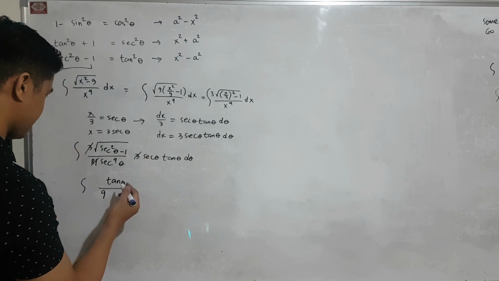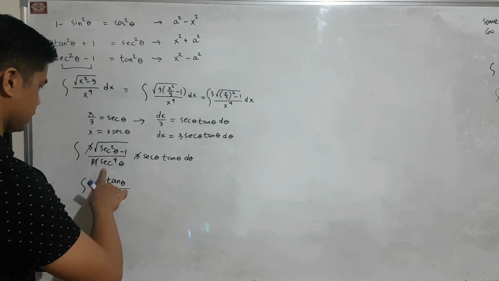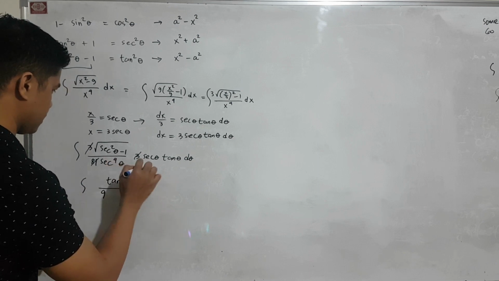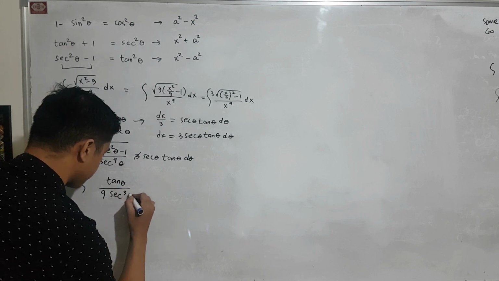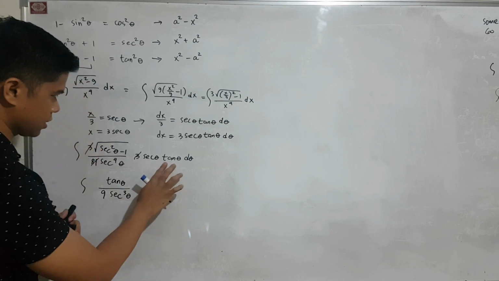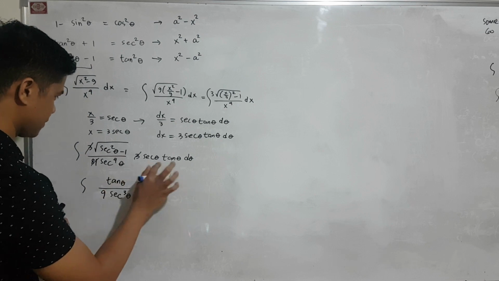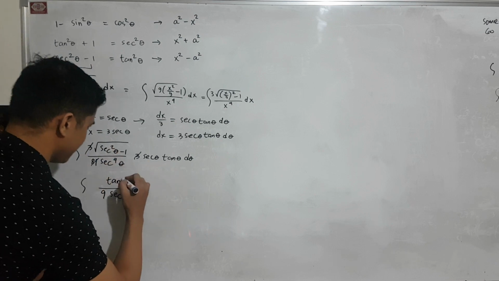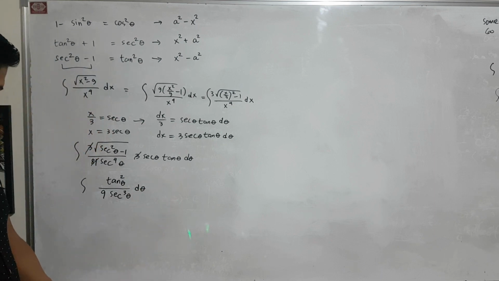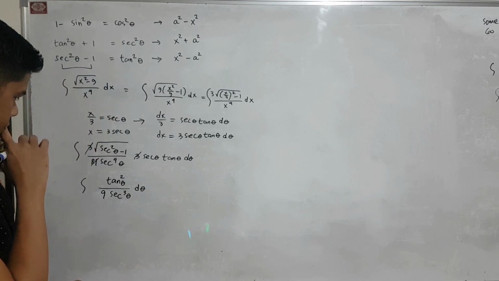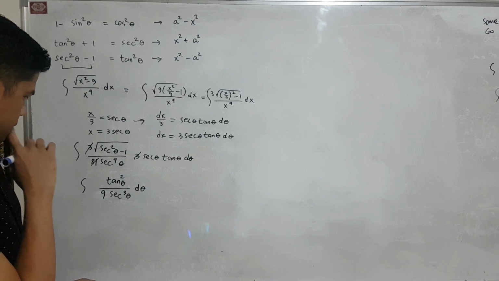The secant to the 4th power cancels out with the secant on the top, so it becomes just secant cubed theta, and the tangent here becomes multiplied with the tangent, so we have tangent squared theta d theta. So that's the simplified version.